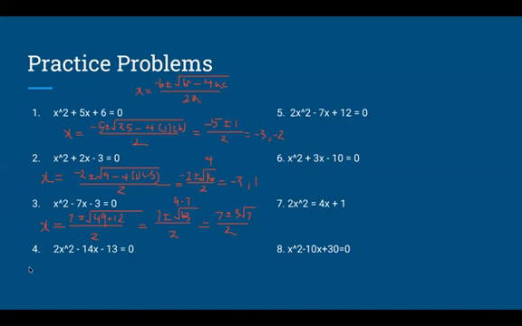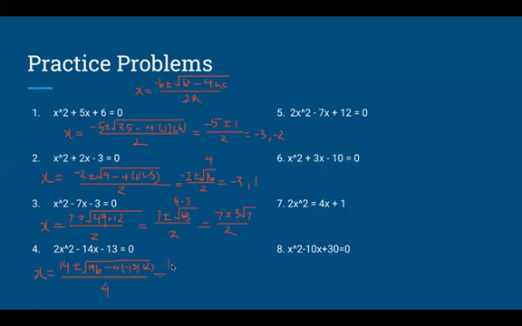Then for question number 4, x equals 14 plus or minus the square root of 196, which is 14 to the power of 2, minus 4 times negative 13 times 2, and that is all over 4.